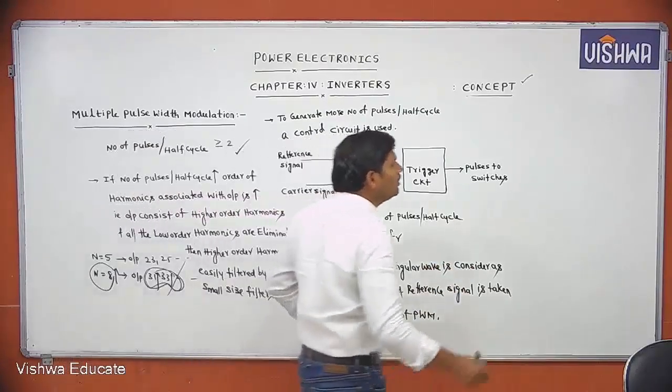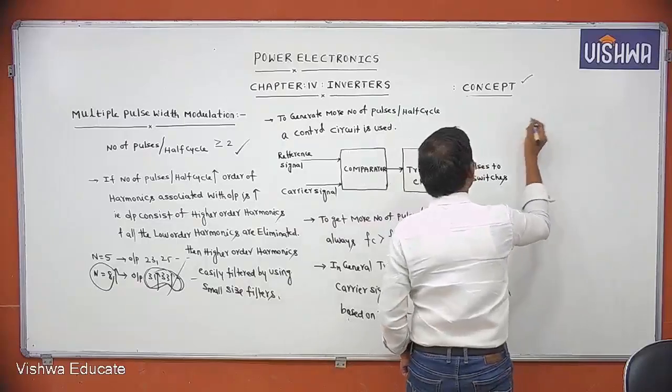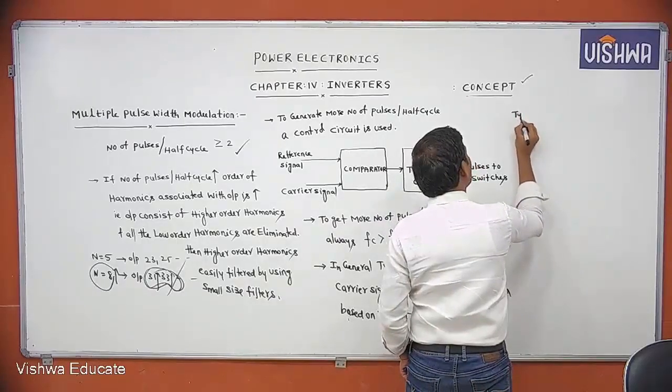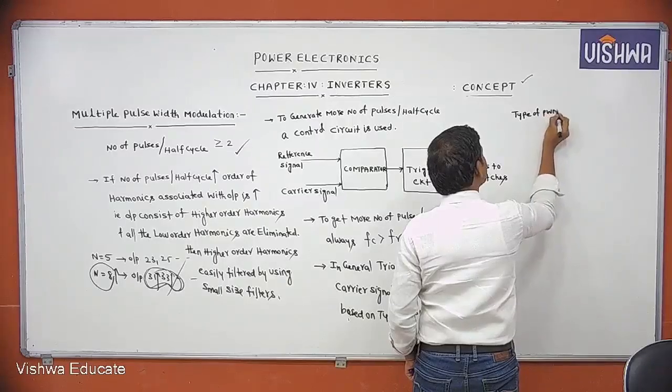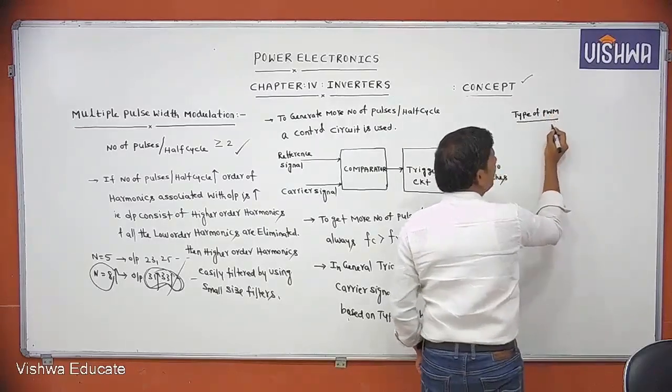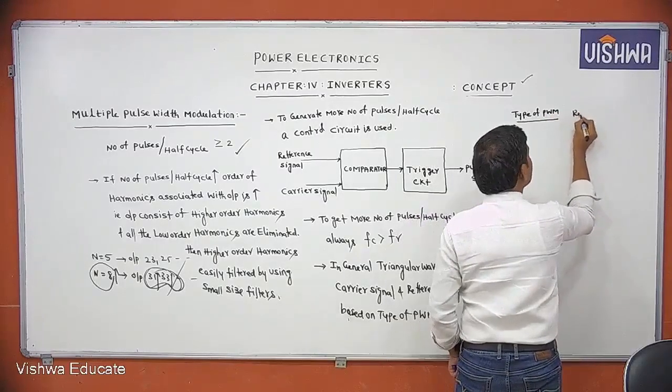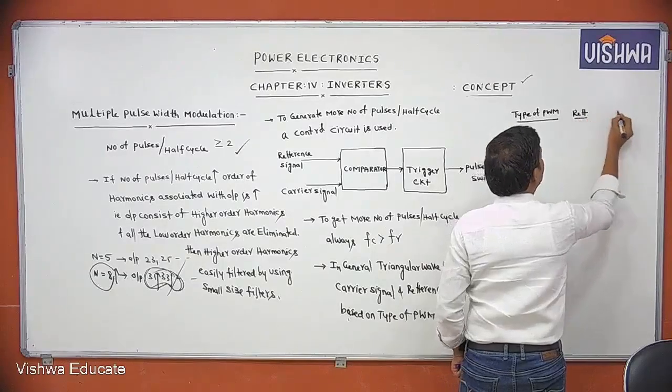For example, depending on the type of PWM, the reference and carrier signals differ.